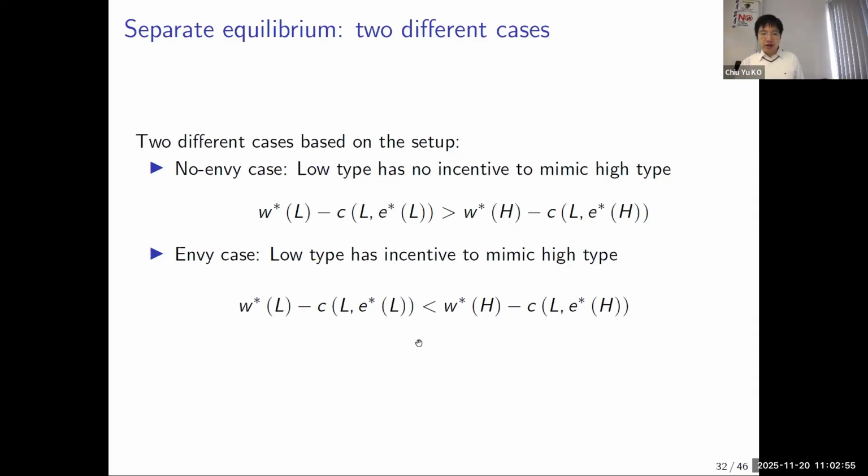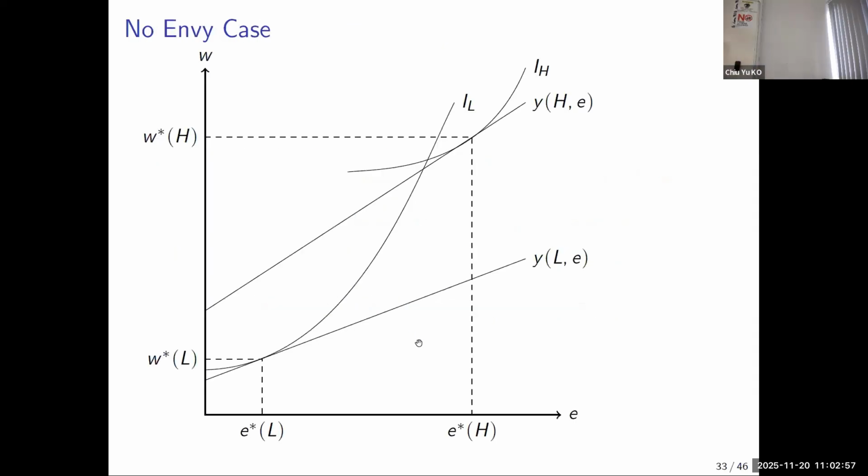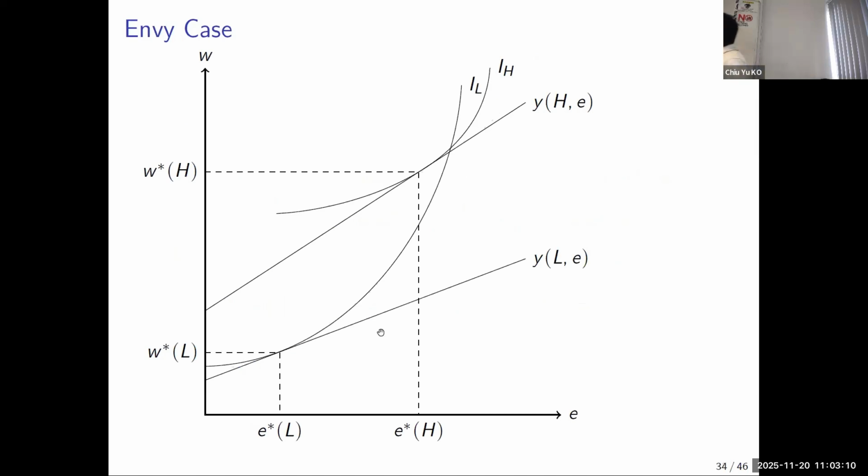So that means, as I said already in this slide, even the low type are going to say, do you want to get education, get a high salary, against no. And the other case is the low type wants to pretend.